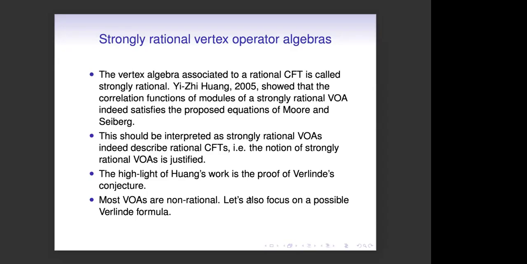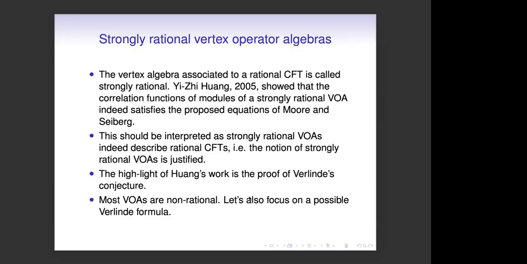And indeed, Y.-Z. Huang was looking at strongly rational vertex operator algebras. That means VOAs that are rational, C2 cofinite, Z-graded, simple, of CFT type, and their own contragradient dual. So they are C2 cofinite and rational plus standard conditions. He was then able to carefully show that under these good finiteness conditions, everything that Moore and Seiberg proposed holds.